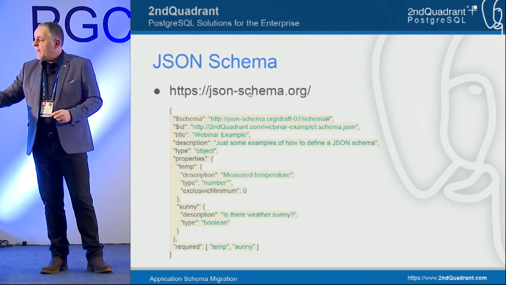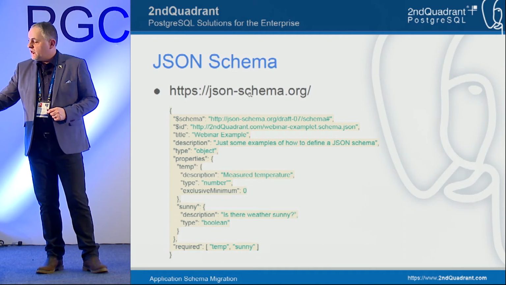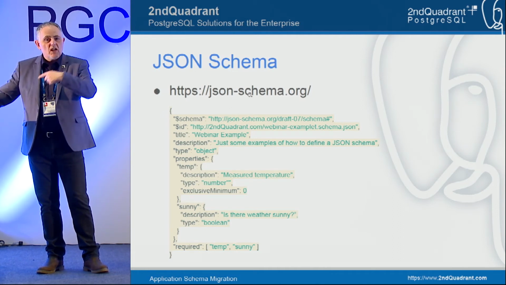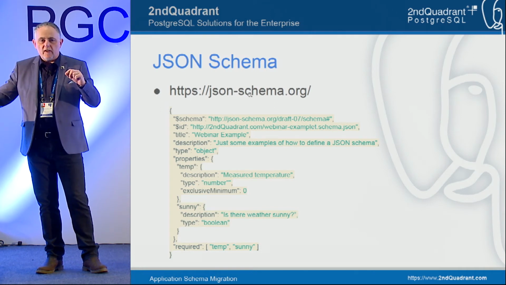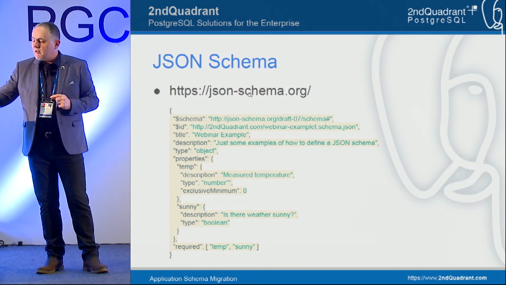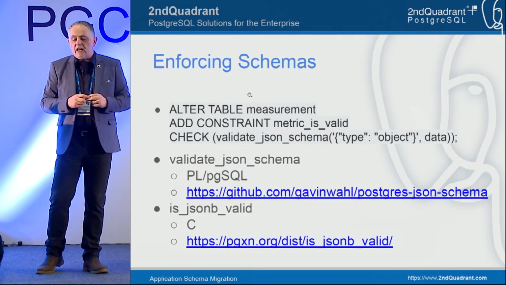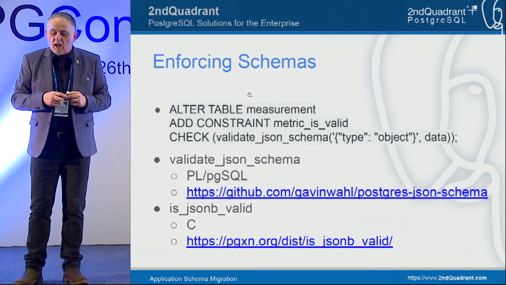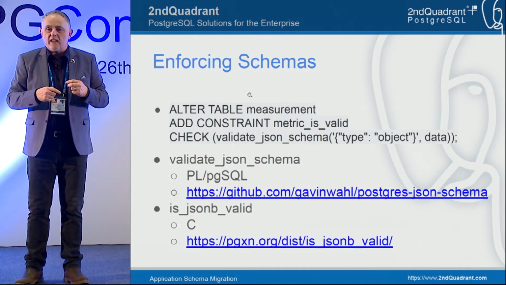And that is an example of a JSON schema that I've written specifically to enforce my example. I know it's a trivial example, but that's a valid JSON schema. And then we can actually enforce that schema within our database using some validation logic.